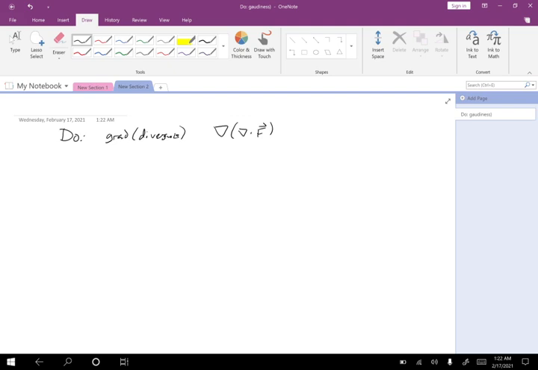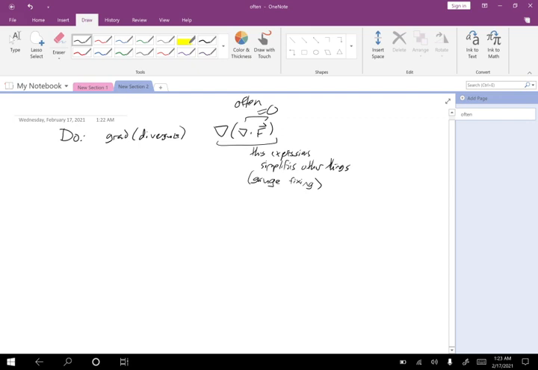The actual point of why you would ever need this thing is because often this term is 0, and so this expression simplifies other expressions. Just so you're exposed to some of the language, this is called fixing a gauge. You do not need to know what this means for this course, but at least you've seen it, and it won't be very mysterious later.